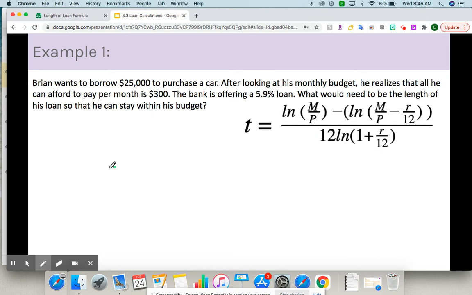The bank is offering a 5.9% loan. What would need to be the length of his loan so that he can stay within his budget? So this time, we are still working with the principal of the loan, the rate of the loan, but now we have the monthly payment and we are solving for the length of the loan.